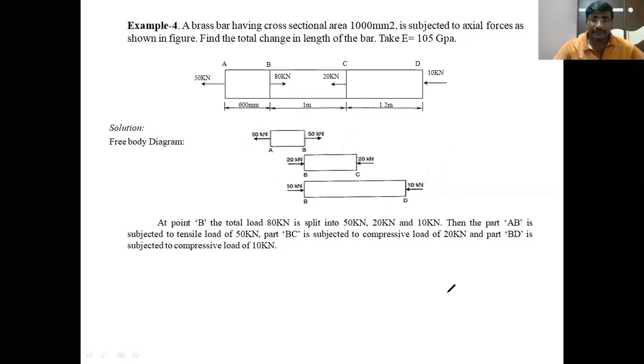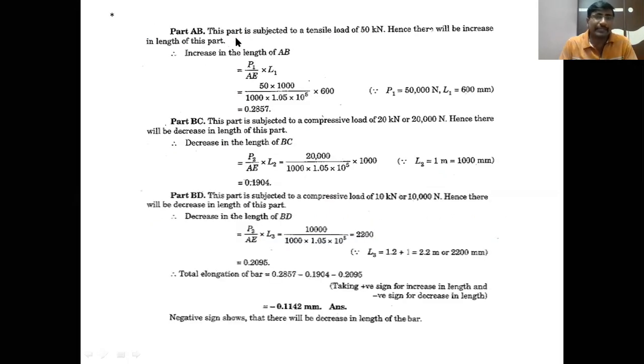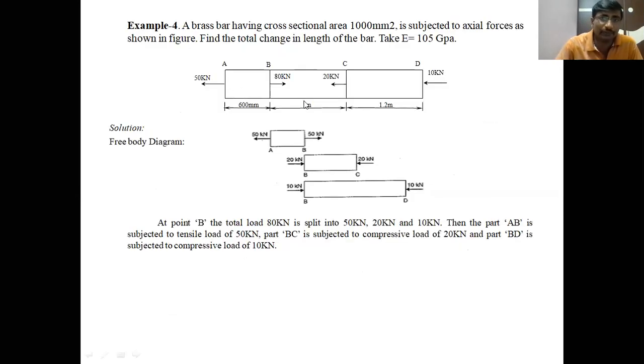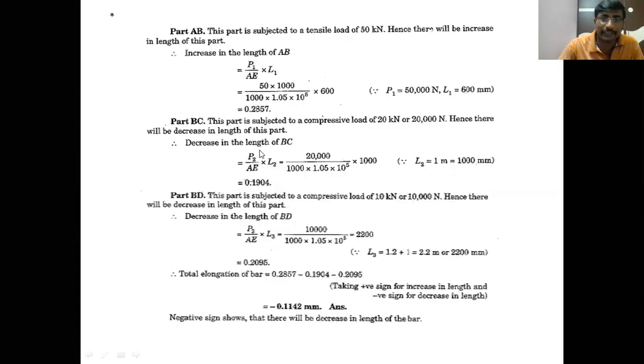Okay, let us go deeply into the problem. First of all, take the first part AB, from A to B, having the length 600 mm. The load acting on that section is 50 kilonewtons, a tensile load. Therefore, this part will have an increase in length.